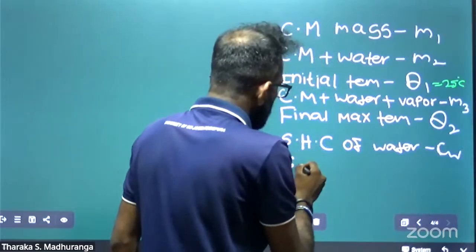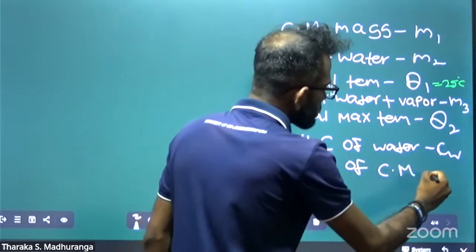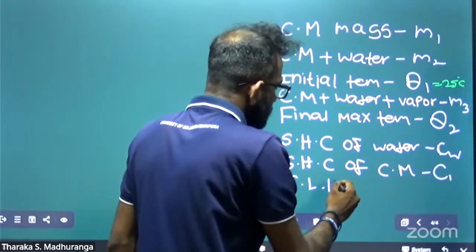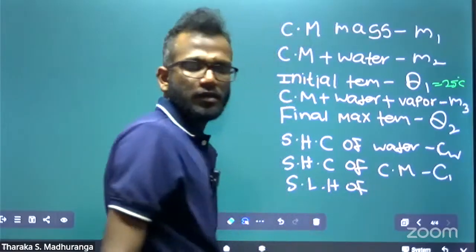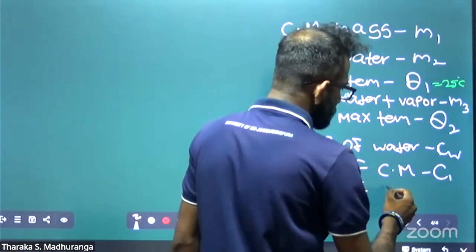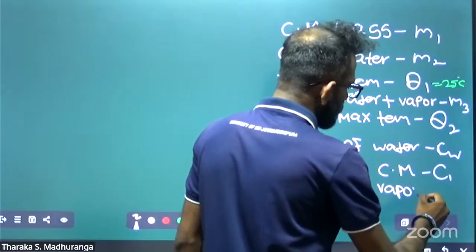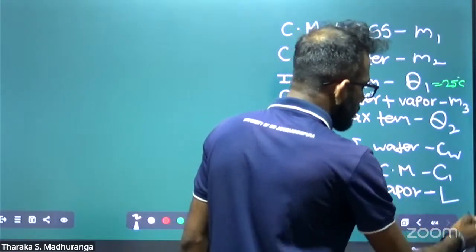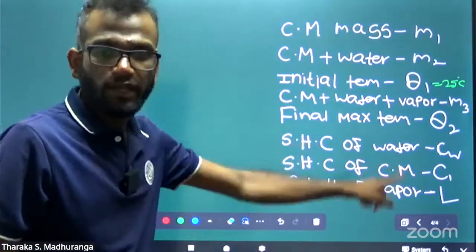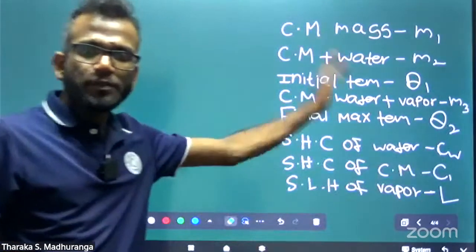The specific heat capacity of the calorimeter, C1. The specific latent heat of vapor, that is L. Our target is to calculate L.